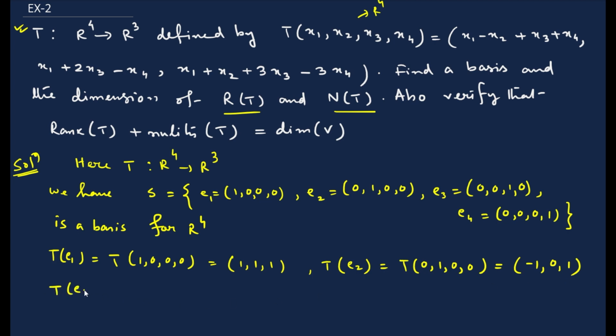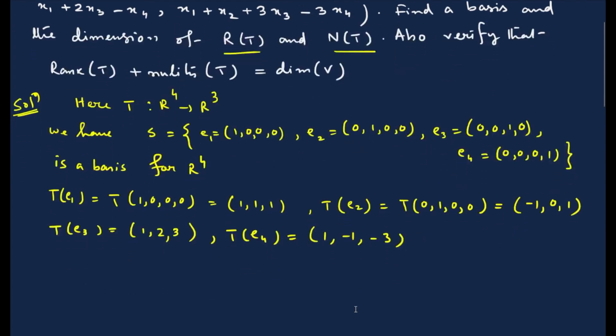Similarly, T of E3 will be (1, 2, 3). And T of E4 will be (1, -1, -3). How will you get all these things? Just put in the different values. When it is E1, the values are 1, 0, 0, 0. If it is E2, then this is 1, and the other three are 0. Like this, you can find each and every one.